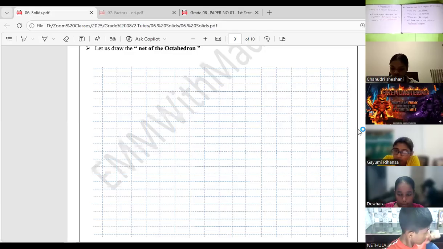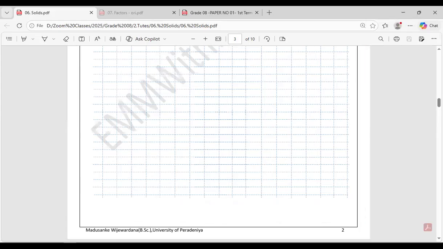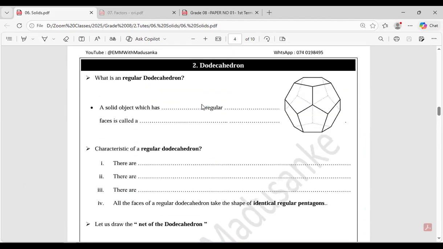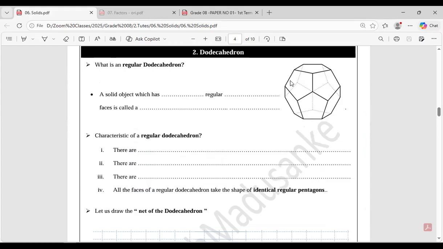So this is the dodecahedron that we discussed last week. It has identical regular pentagons for the shape of the face.